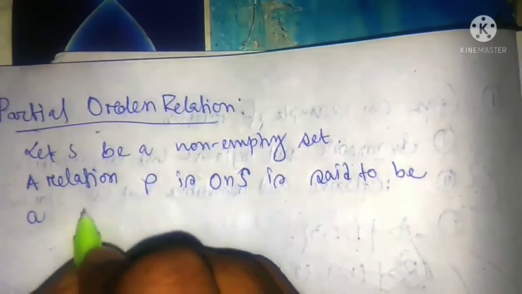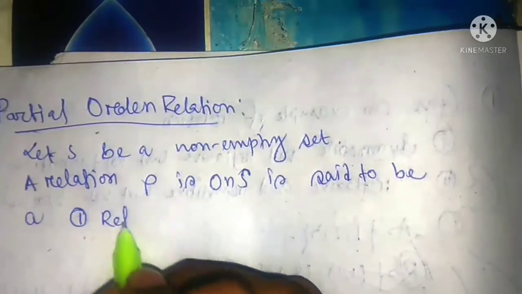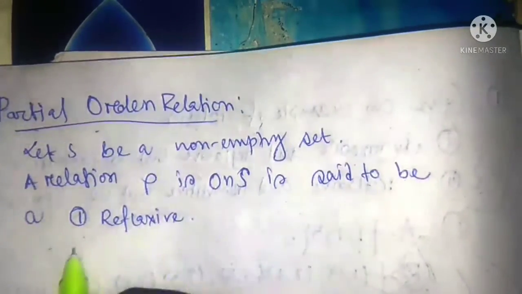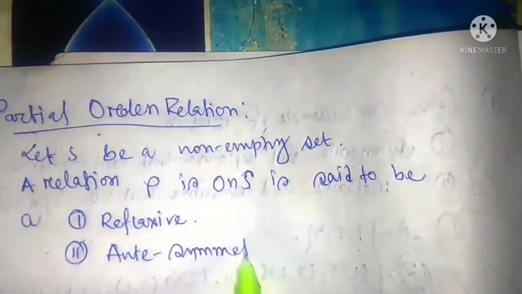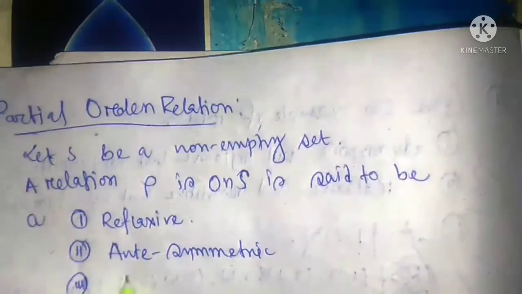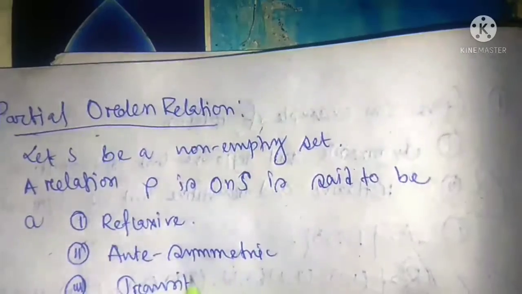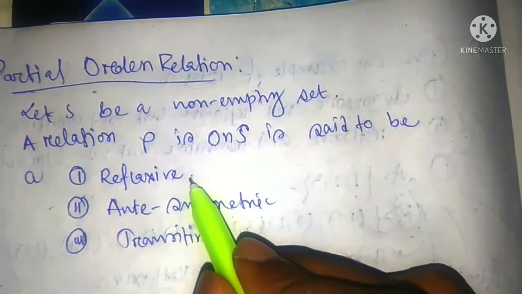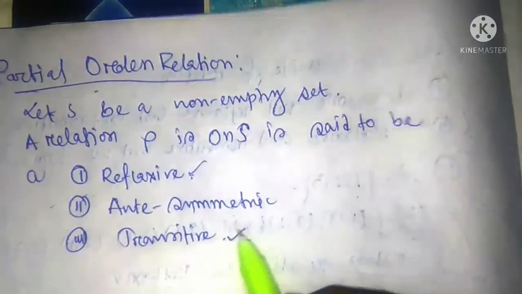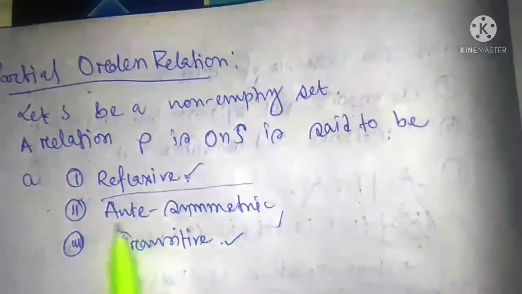The first property which must hold is reflexive, second antisymmetric, and third transitive. In the previous video we discussed reflexive and transitive, but we didn't discuss what is antisymmetric.